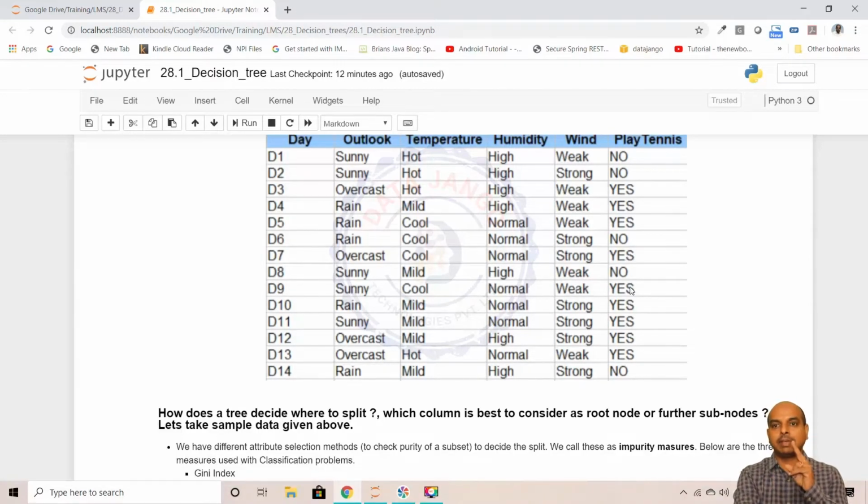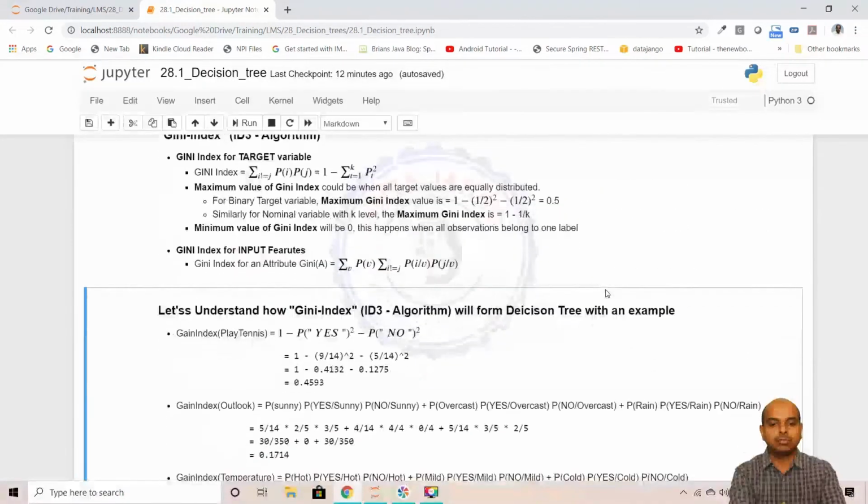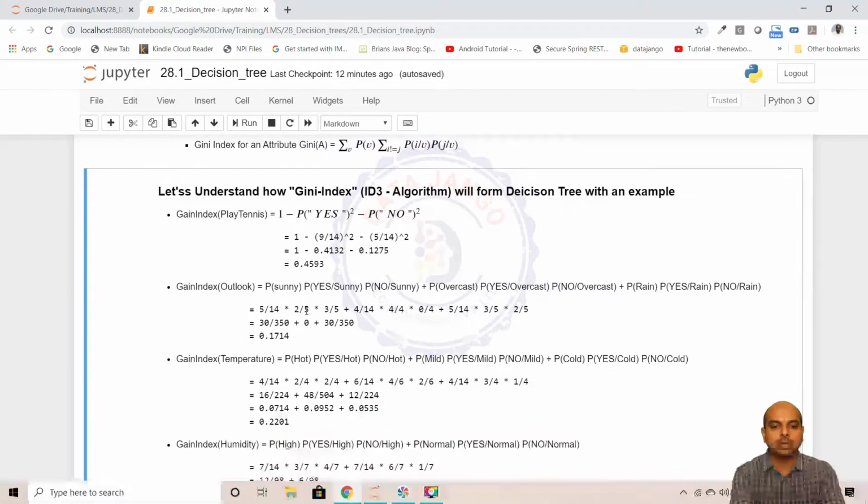When it was sunny, only 2 days they were playing. So yes given sunny is 2 by 5, because a total of 5 sunny days are there, out of which 2 days they played, and no is going to be 3 by 5, 1 minus p. Only 2 classes are there. If you find p, it is 1 minus p only.